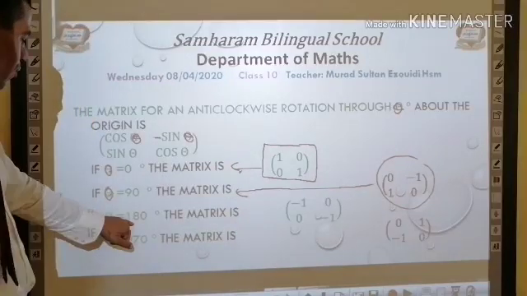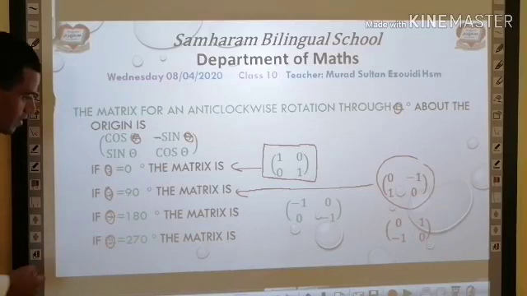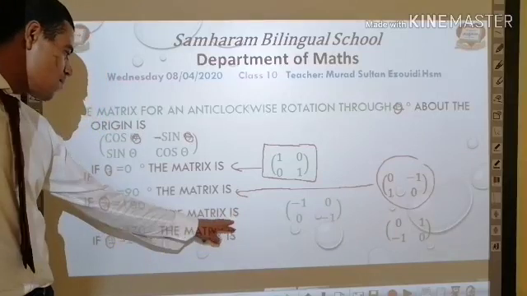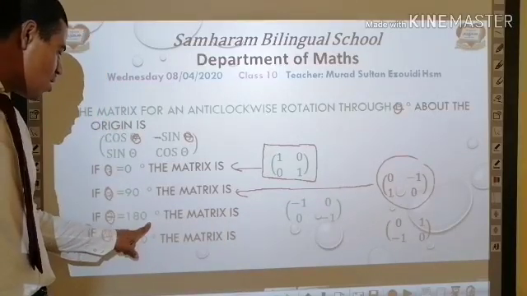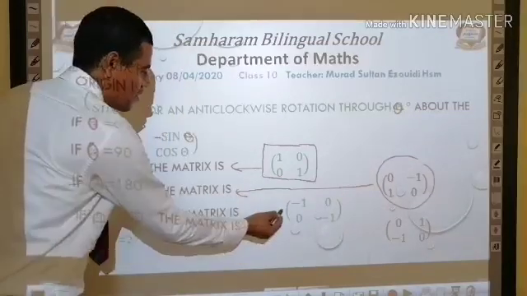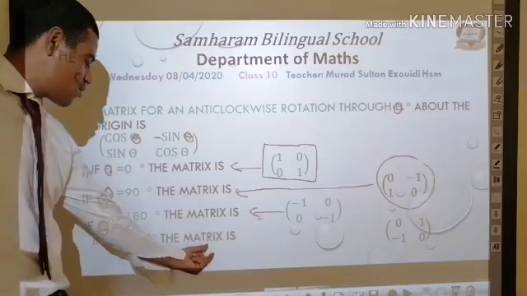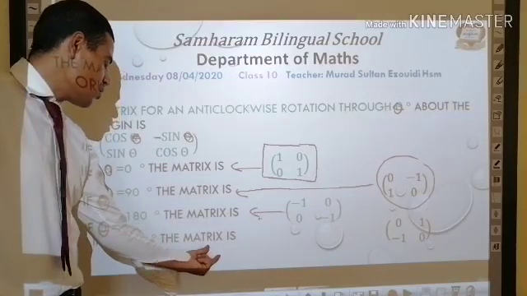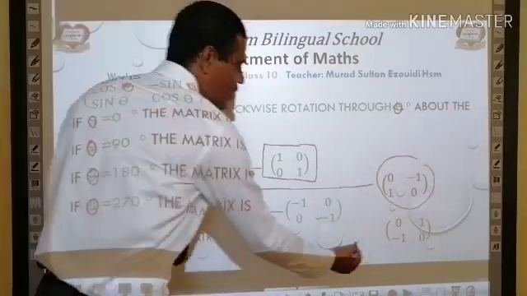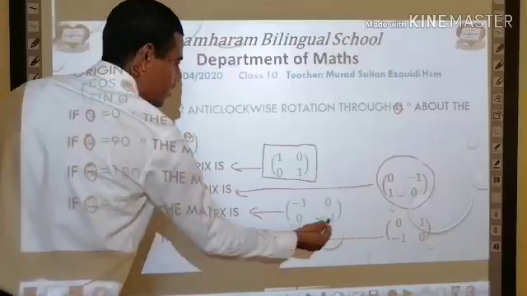Then, if theta equals 180, my kids, the matrix for rotation about the origin anti-clockwise through 180 is negative 1, 0, 0, negative 1. And if theta equals 270, the matrix for rotation about the origin anti-clockwise through an angle of 270 is 0, 1, negative 1, 0.